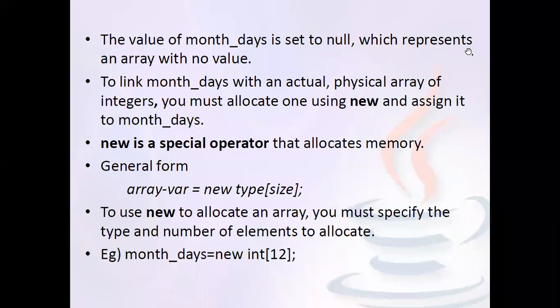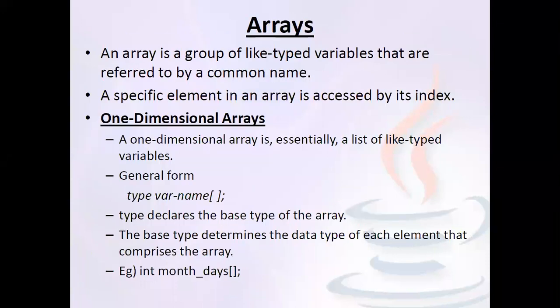So the next topic which we'll go for is arrays. So what is an array? An array is a group of variables of similar type, or like type, that are referred to by a common name.